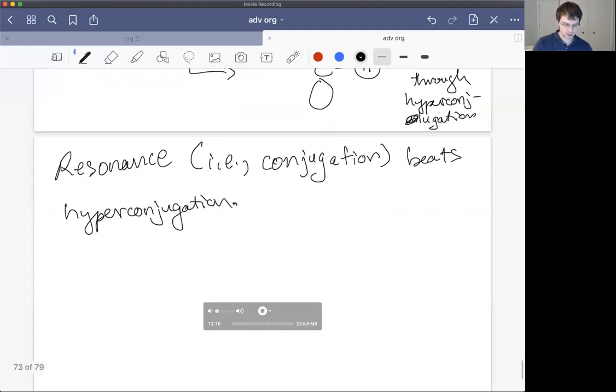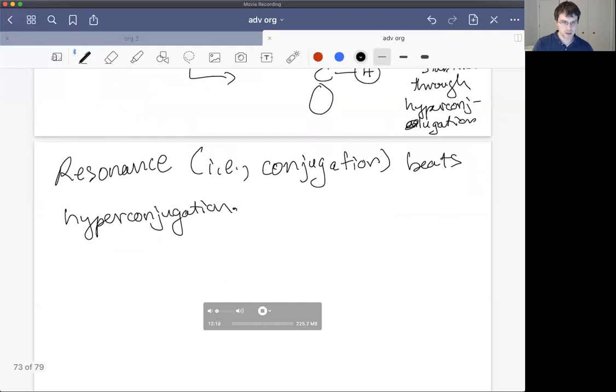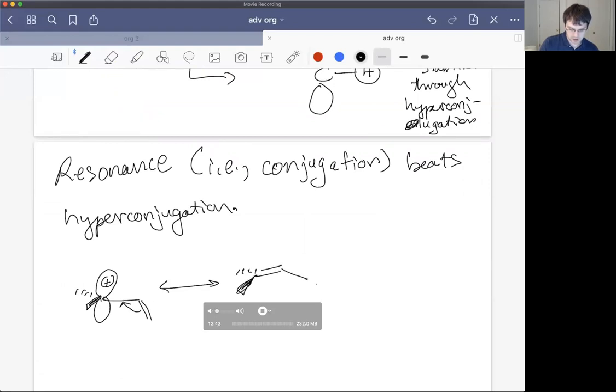Okay, so if we take something like, here's our carbon with our vacant p orbital, and it's got stuff here and here. Now what I'm going to do is, instead of having a tert-butyl group, I'm going to have an allyl group present. Now that allyl group provides stability through resonance. Remember, we said in organic 1 that if you have resonance structures, you have increased stability.